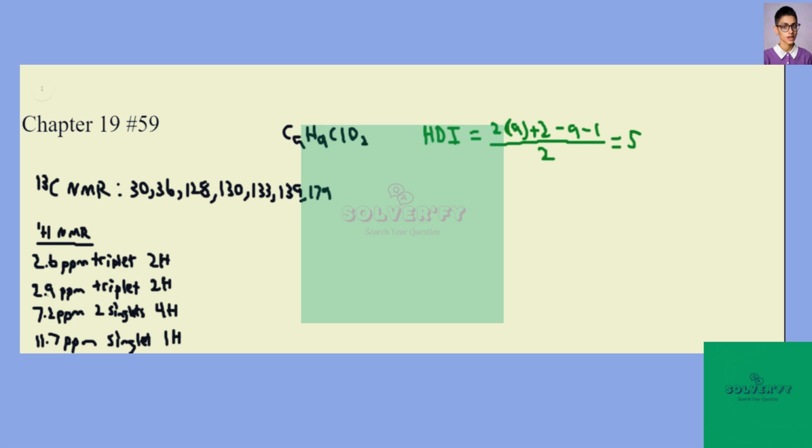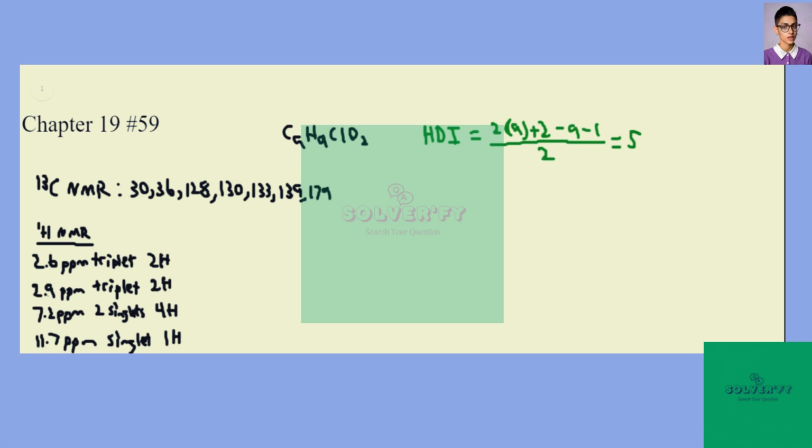And so we have, in this molecule, a 6-membered aromatic ring, and then 1 more degree of unsaturation. And I see that there are 2 oxygens in this formula. So I'm thinking a carbonyl, and probably, since this is the carboxylic acid chapter, I'm going to go ahead and say we have a carboxylic acid in this molecule.